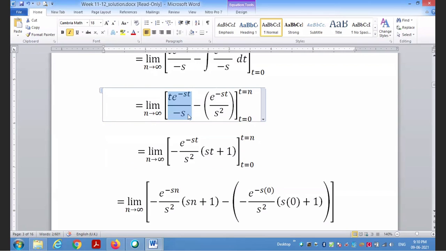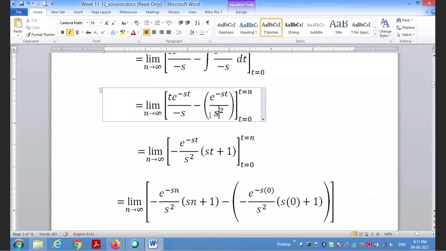Minus e to the power of minus st divided by s squared times st will give you this first term. To get the second term, we multiply minus e to the minus st over s squared with 1. 1 times this will give you the second term. We just rearrange the order.